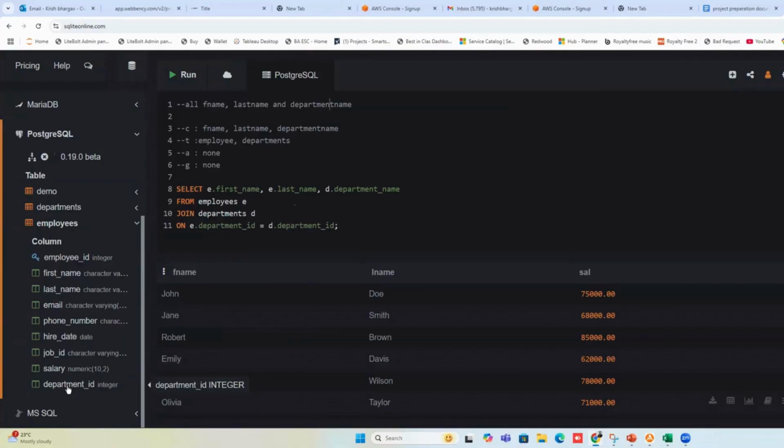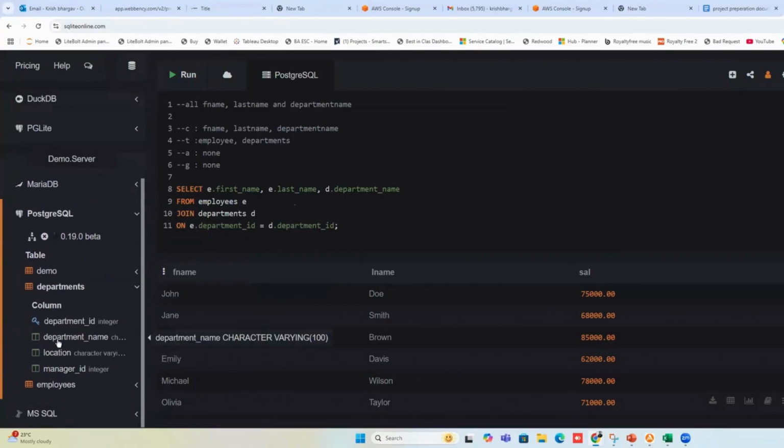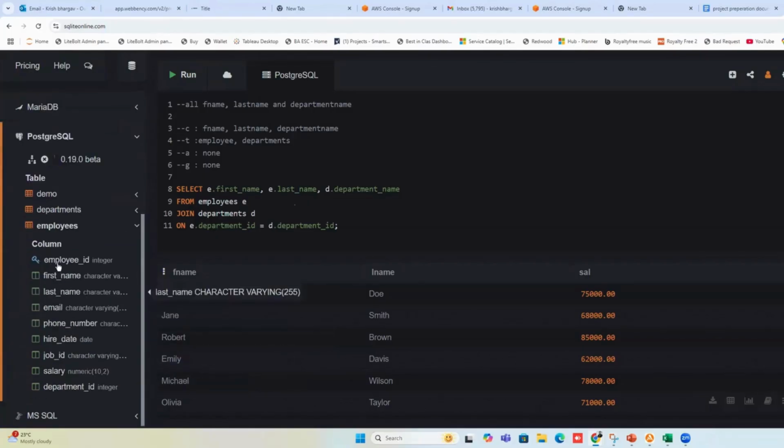Only department ID. Department name is sitting inside my department table. Now I have to join these two tables. Which column will I use to join them? Department ID. Because this is the primary key here, and this is the foreign key here.